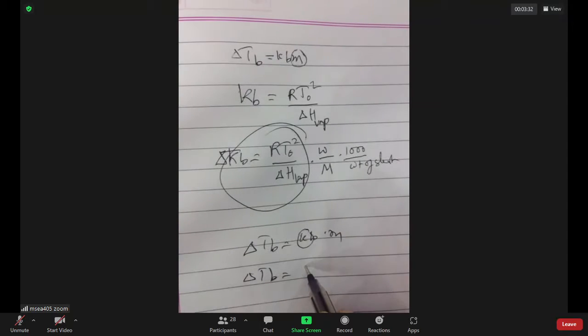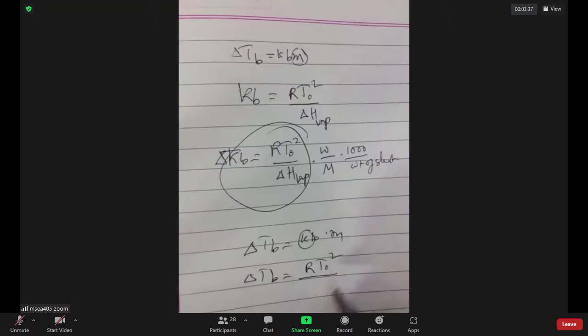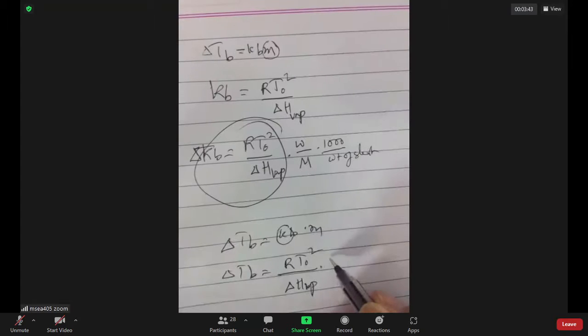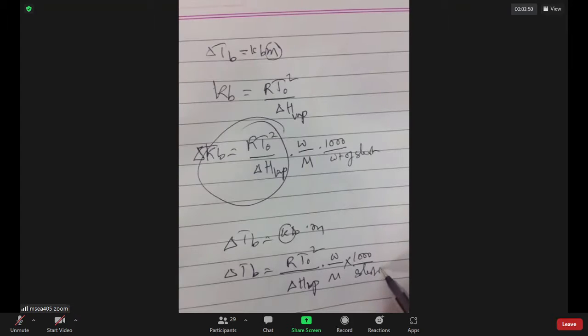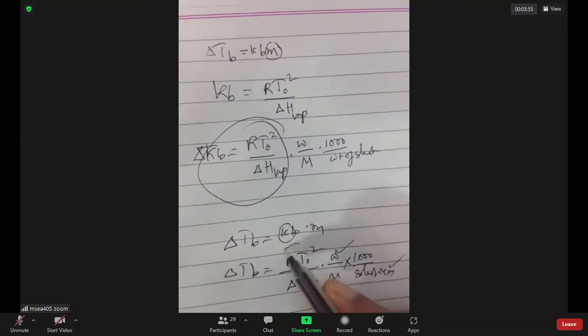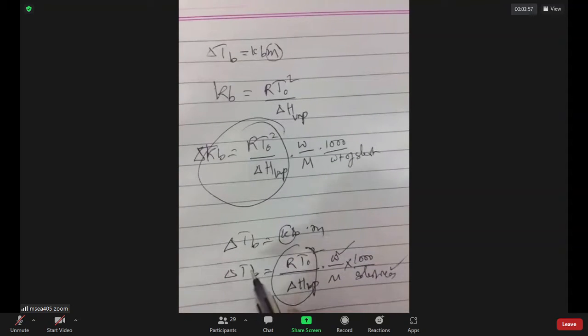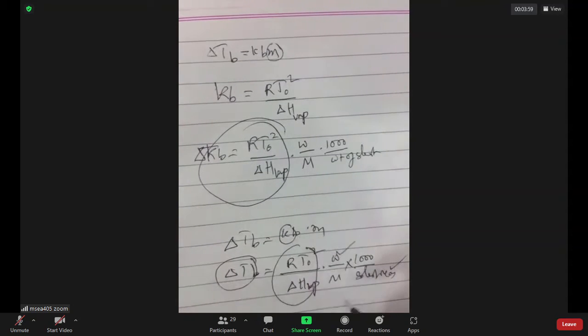Delta Tb is equal to R T0 square divided by delta H vap, into molality, which is given by weight of solute by molecular weight of solute into 1000 by weight of solvent. Suppose you know the solvent mass, you know the weight of solute, you know the value of Kb, then you know delta Tb. Can you find out m?